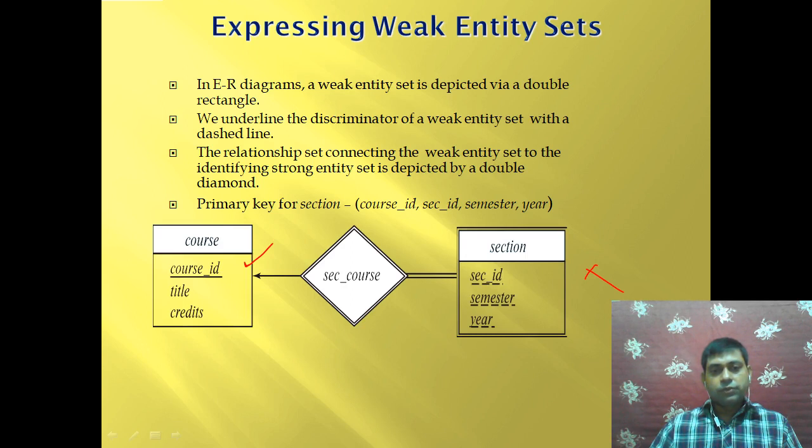So this is the weak entity W, and this is the strong entity S, course, and this is the identifying relationship IR, and this is the strong entity or identifying entity. So this is how the weak entity is determined.